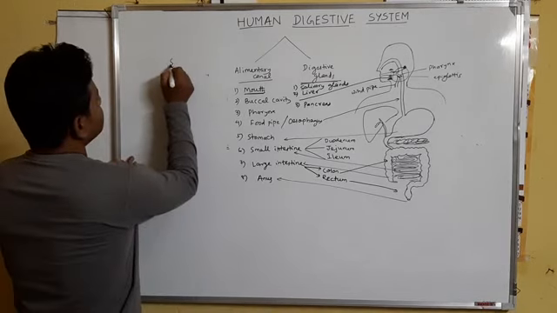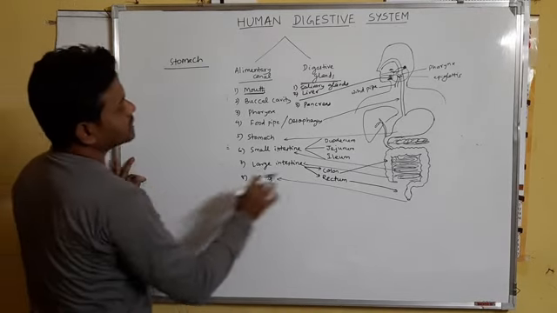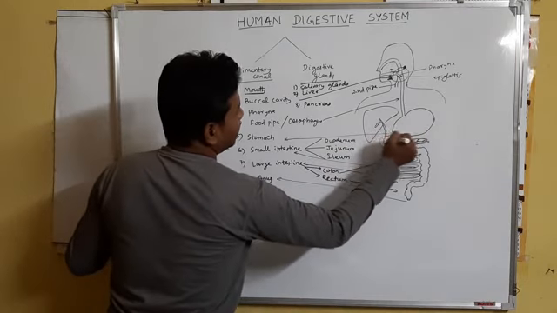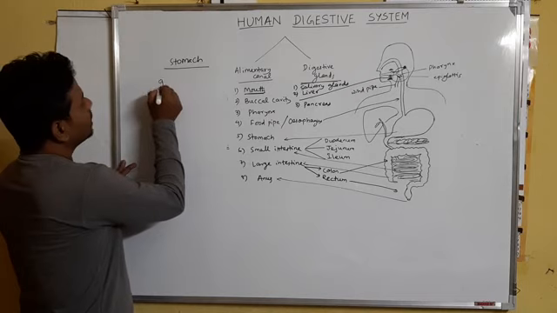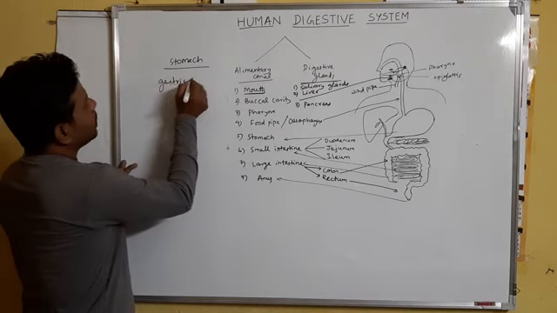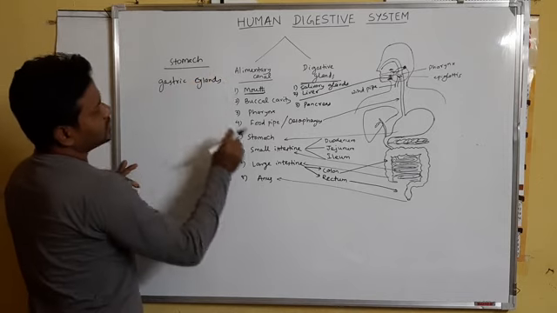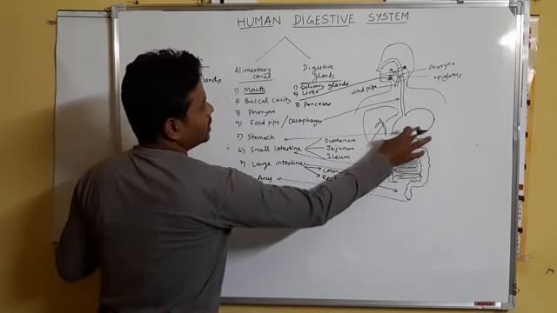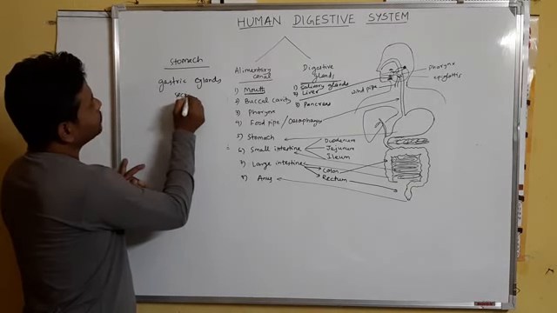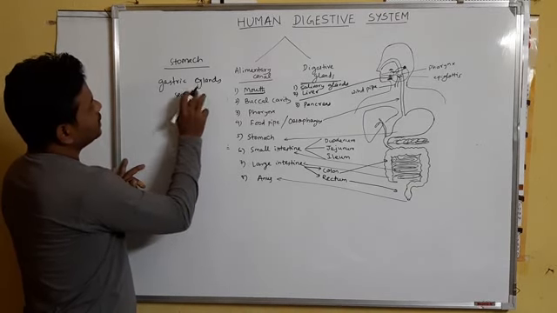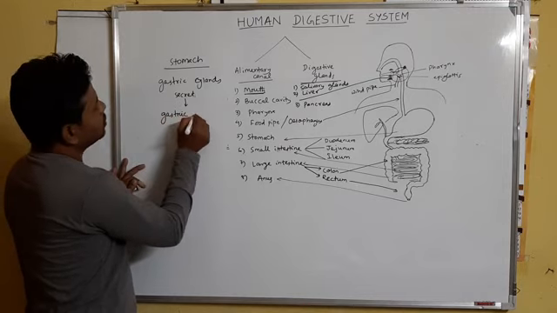Inside the stomach, actually, there are several glands present in the inner lining of the stomach, which are called gastric glands. Many small gastric glands are present inside the stomach, and these gastric glands secrete a juice known as gastric juice.